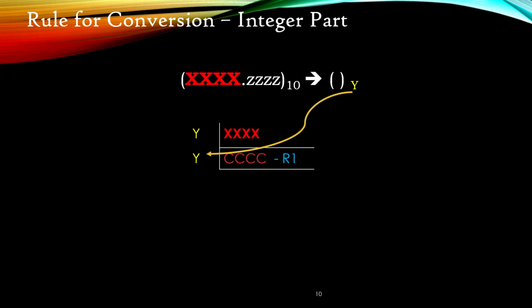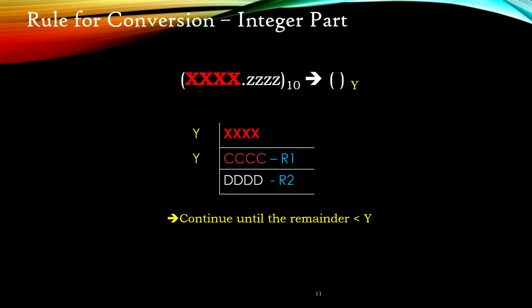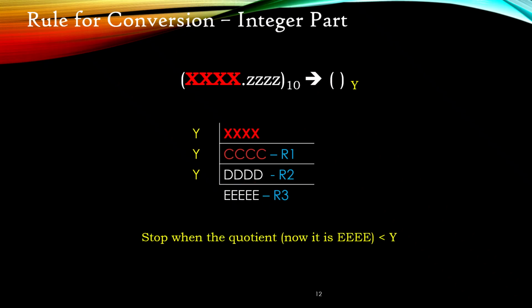Now I'm getting a quotient and a remainder. Again I check whether this quotient is greater than y, and continue. Let us consider this value is less than the base value y. So we have to stop.